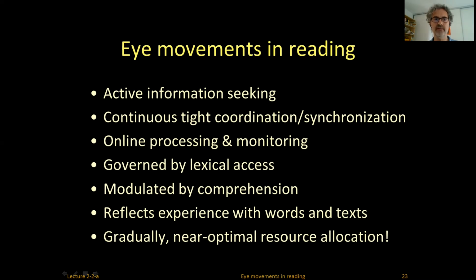Eye movement patterns reflect experience with word and text, and it is in fact quite easy to distinguish a beginner from a skilled reader from their eye movement patterns. And for a very skilled reader, what is attained through reading development gradually is near optimal resource allocation, where words are recognized automatically at the rate of eye movements, and at the same time, most of our cognitive resources are devoted to understanding the text.